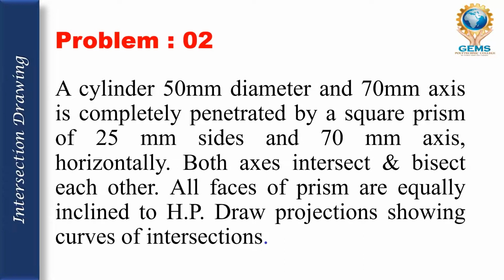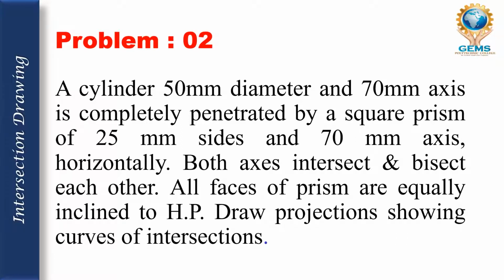Its diameter is 50 mm and its axis length is 70 mm. Number two is the square prism, the sides are 25 mm and the axis length is 70 mm. These are the given data. Nothing extra we are going to write, only this.